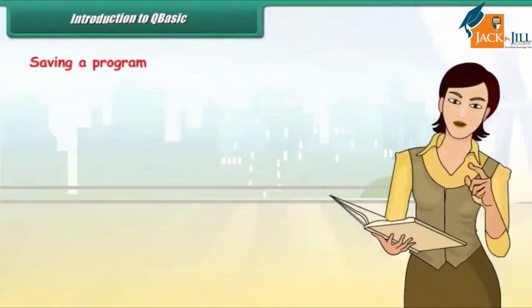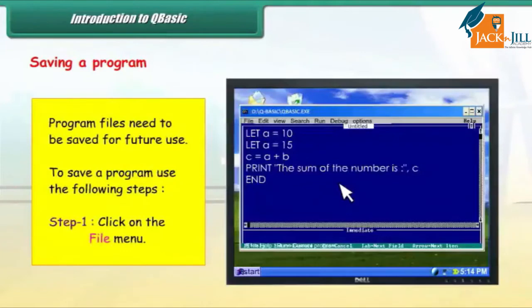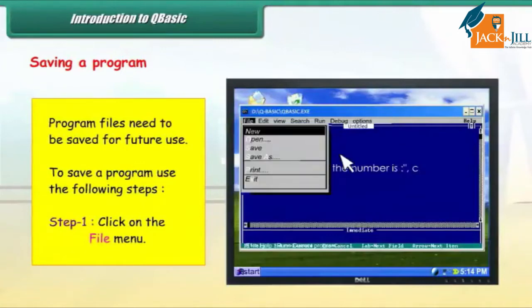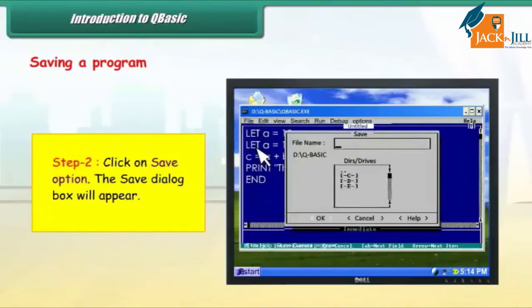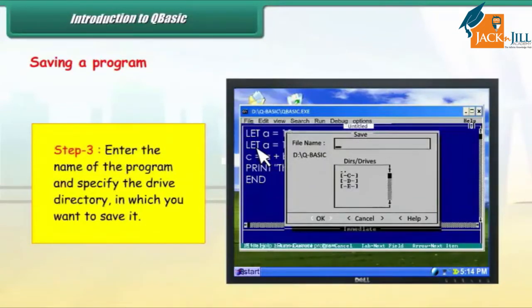Saving a program. Program files need to be saved for future use. To save a program, use the following steps. Step 1. Click on the File menu. Step 2. Click on Save option. The Save dialog box will appear. Step 3.